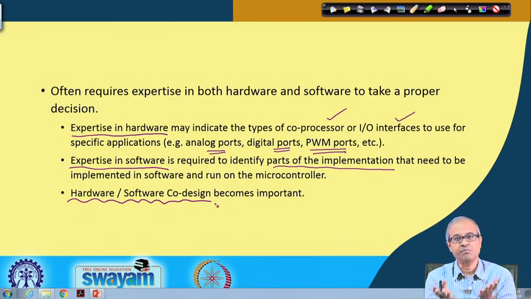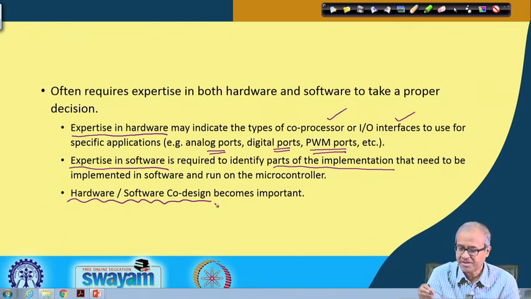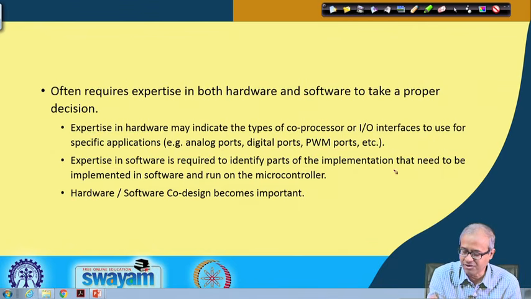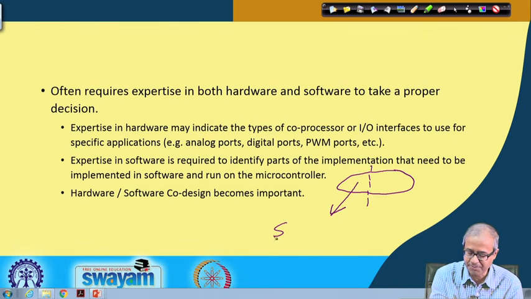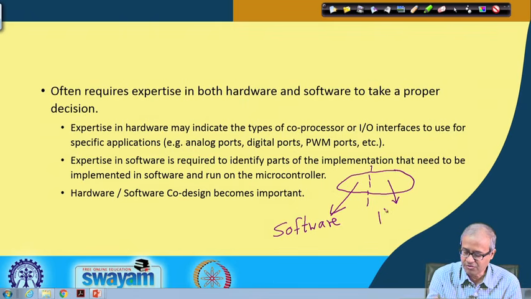Means you are designing both hardware and software subsystems together. Like it is something like this: you have a large system to be designed. Now, you will have to decide that, well, I make a demarcation. One part will be implemented in software. This will be running as a program on a microcontroller, and the other part will be implemented by some specialized hardware circuit.